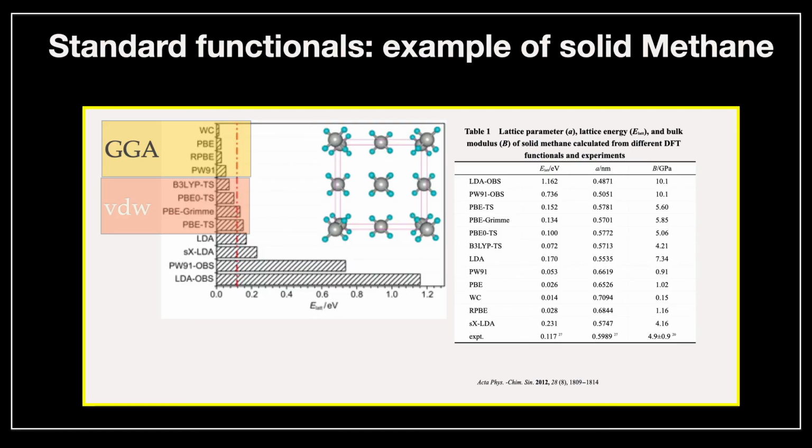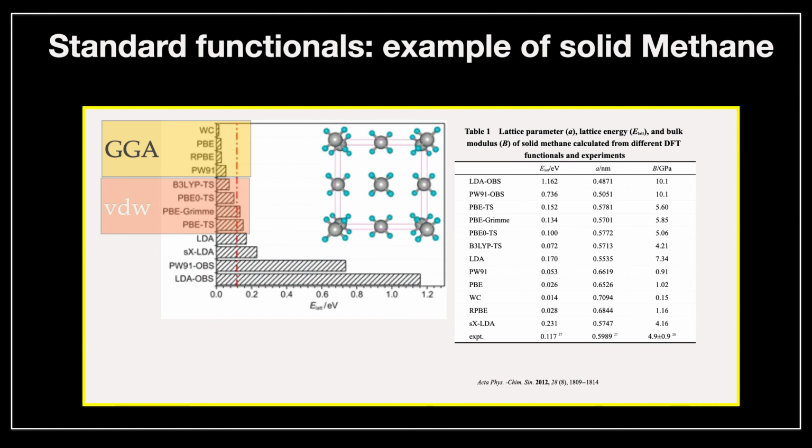Here we have a molecular solid, solid methane. So it's basically methane on a lattice, if you will. What we see here is, for different functionals, what we get compared to experiment, which is marked by the vertical red line.